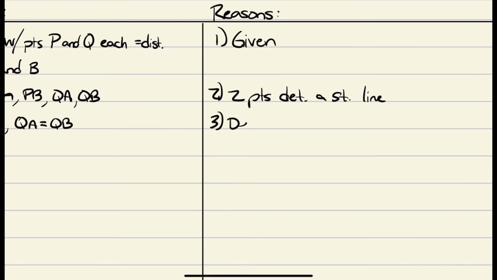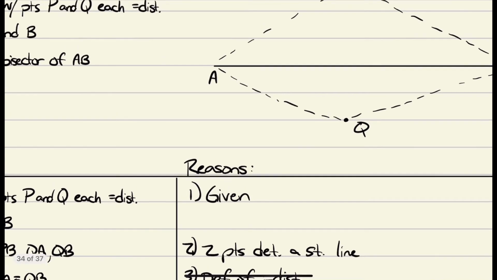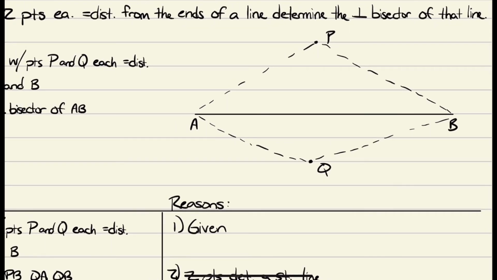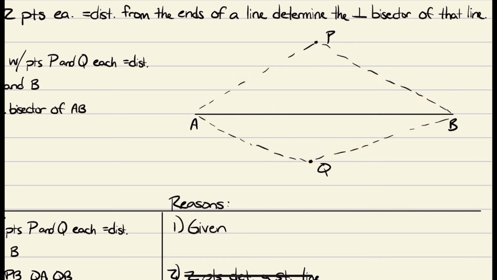Number 4, I'm going to say that the triangles APB and AQB are isosceles triangles. I just stated that these are isosceles triangles because obviously they have equal legs of the triangle.